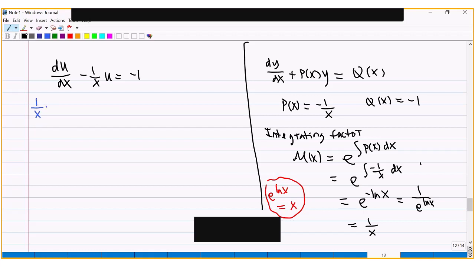This side multiply du/dx, then minus 1 over x u multiplied by 1 over x again, and minus 1 times 1 over x, which gives minus 1 over x. Multiply by the integrating factor. Let's use the same color here.